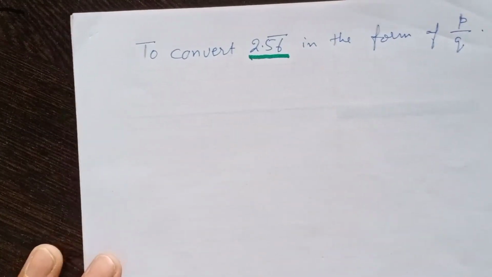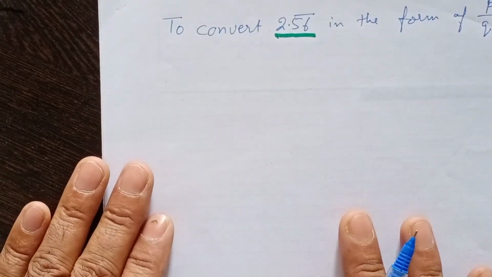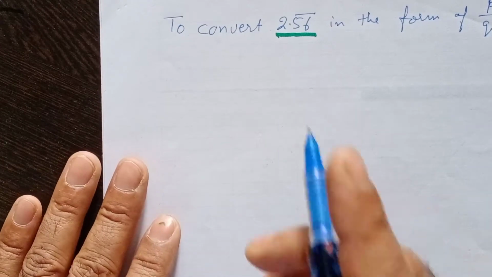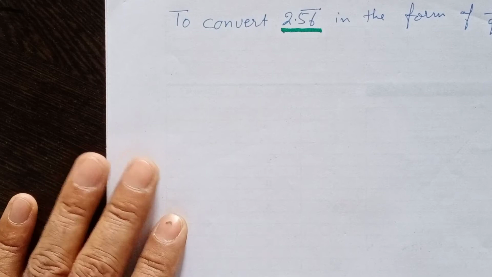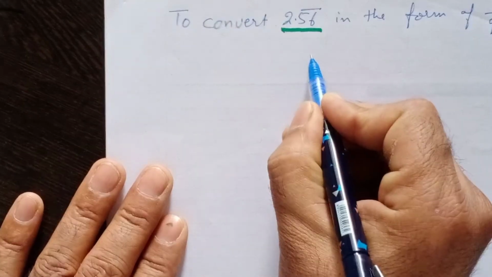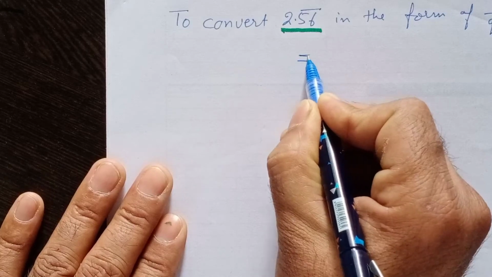Okay, so here we proceed like this. Students, you have to take care of the format. First of all, the is equal to should always come in the center.